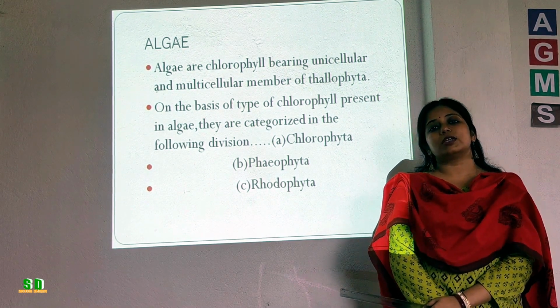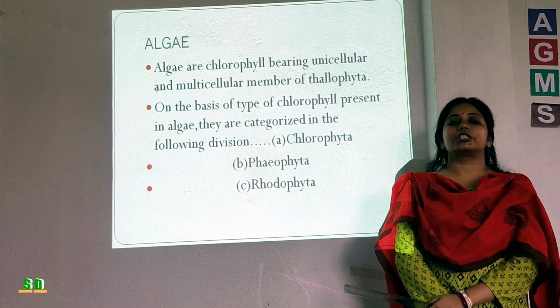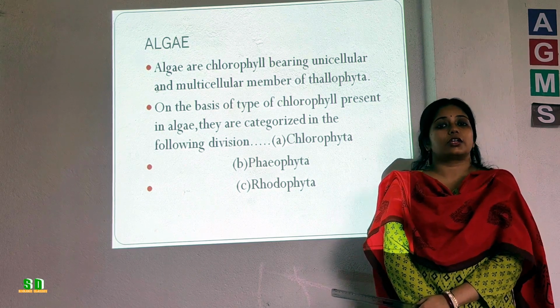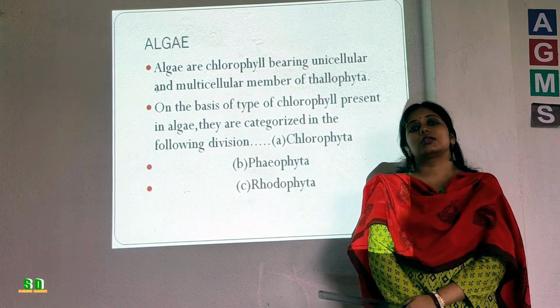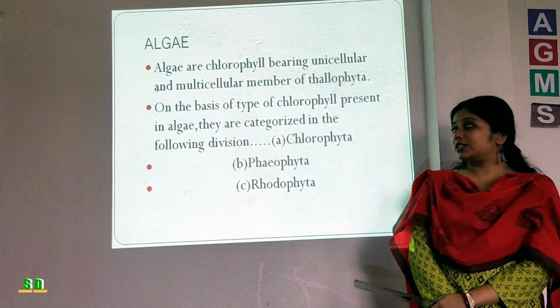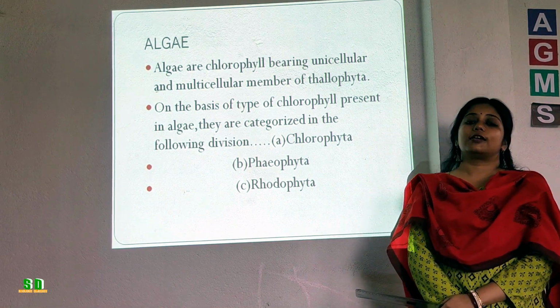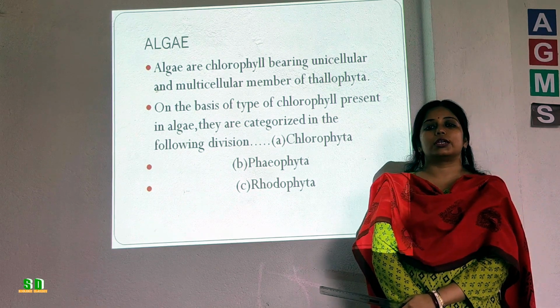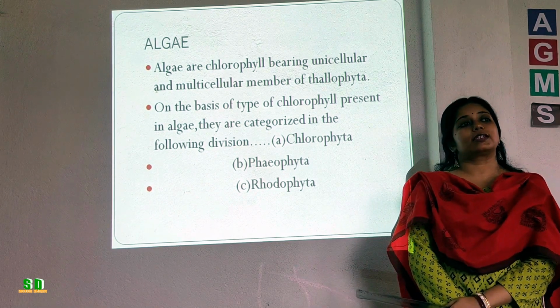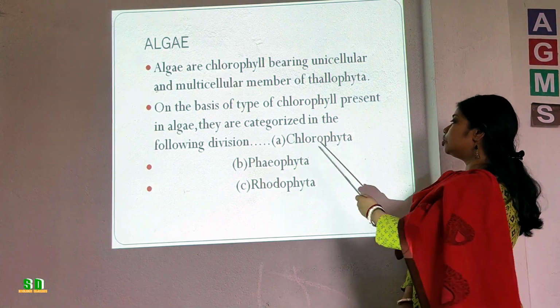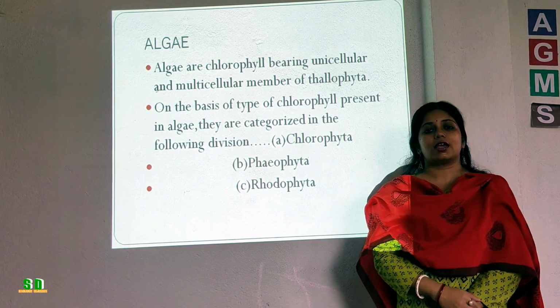Whereas some of the unicellular algae do not have flagella, so they cannot move on their own. The example of this type, the non-motile unicellular member, is Chlorella. Both Chlamydomonas and Chlorella belong to Chlorophyta.